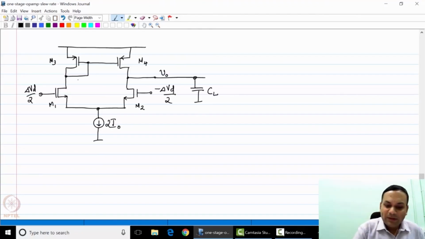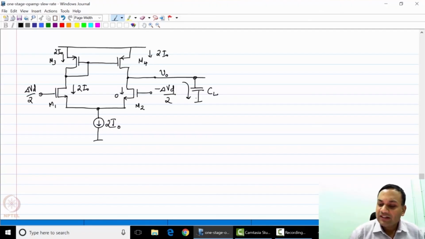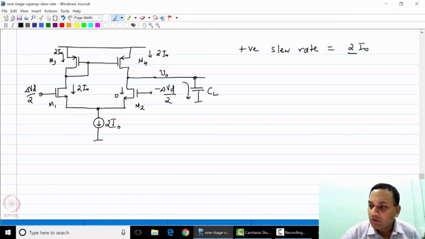As we have seen, in this particular condition, assuming that this is a positive step, M1 carries all of the current 2I0, M2 has 0 current, this current is 2I0, M4 carries 2I0, and that is the rate at which the capacitance is charged. So the positive slew rate is said to be 2I0 over CL.